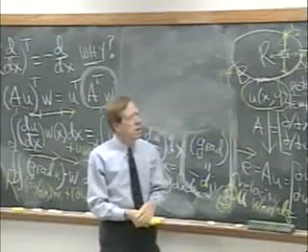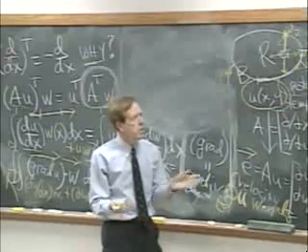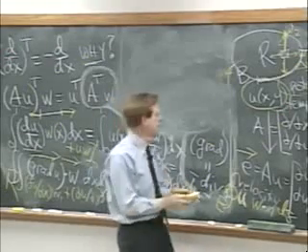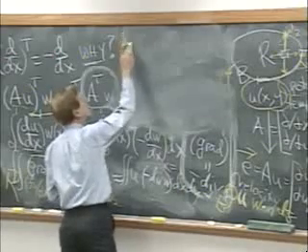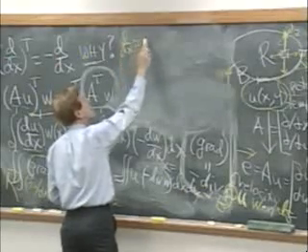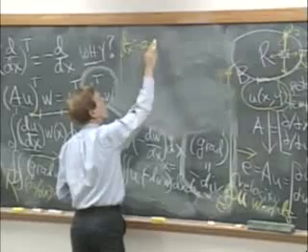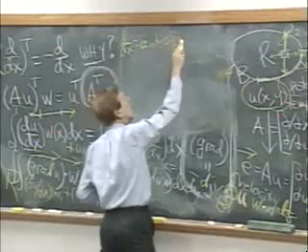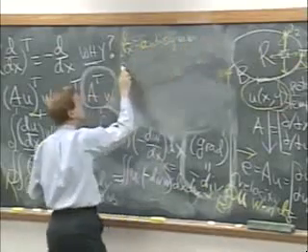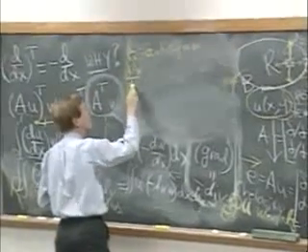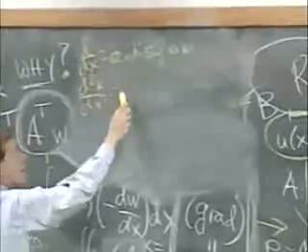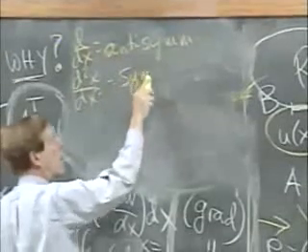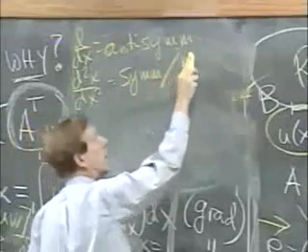In a way, what I'm saying is that the derivative d by dx is antisymmetric. The second derivative, d second by dx squared, is symmetric but negative definite.